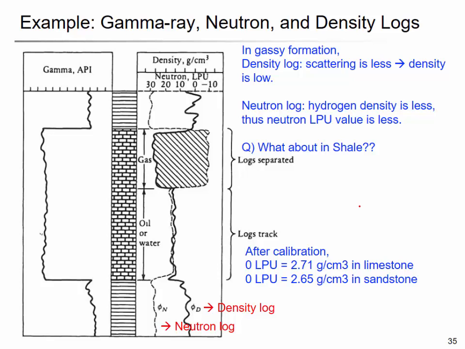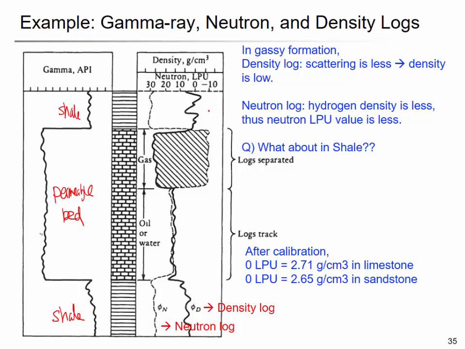Let's look at this example. So here, this is the gamma ray log. It just gives you different values for different lithology, right? So here and here and here, I think this is the shale, right? And this is the permeable bed. And again, shale.